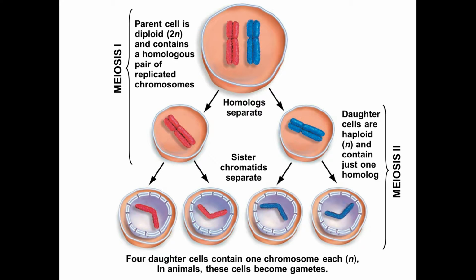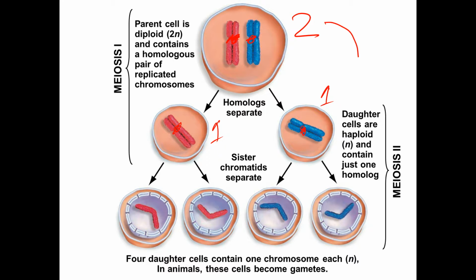Notice that if you look at the centromere, you got 1, 2 centromeres, so you get 2 total chromosomes. Here, at the end of meiosis I, you have 1, 1. So you got 1 chromosome, 1 chromosome.